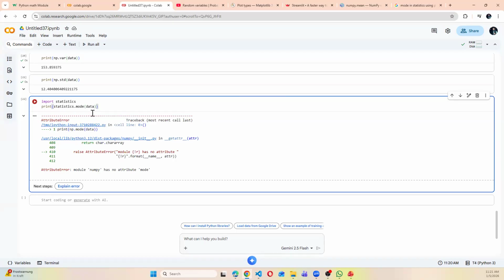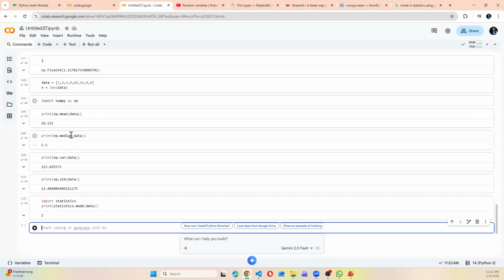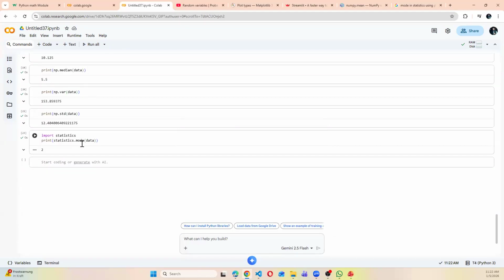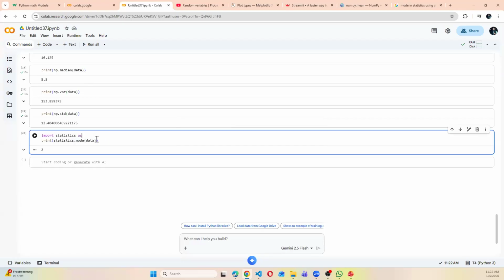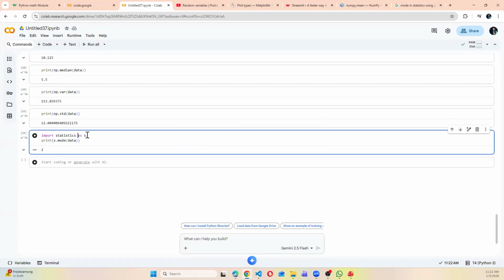So you make a shortcut, we use s or something. The mode is 2, since 2 occurs most often, the frequency is 2. But if you say as S, now it's a shortcut for you. You just need to write S, and it will give you the result. But if you don't write any shortcut name, you have to write the whole name.